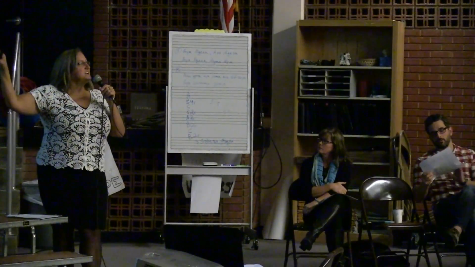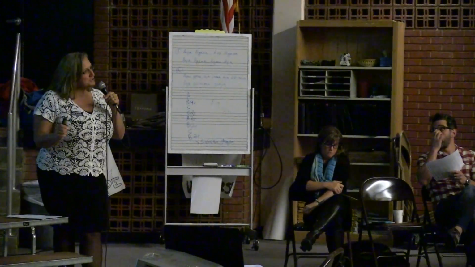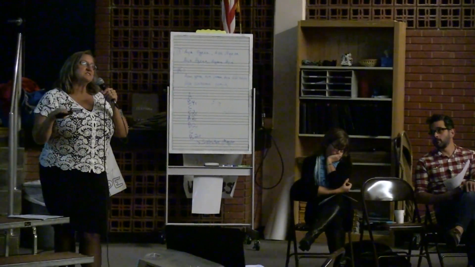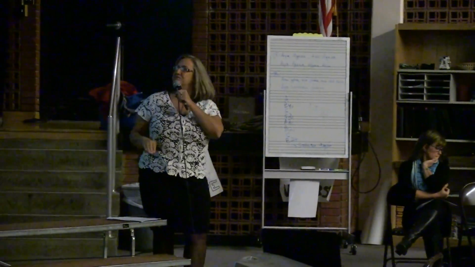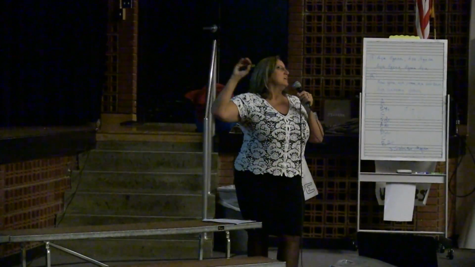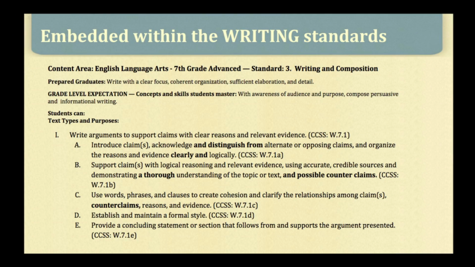Then on the left-hand side, you have the evidence outcomes. Again, what do all students have to master? Each of those standards that are listed below, each of those grade level expectations or evidence outcomes, what is not in bold is what's expected of all learners.